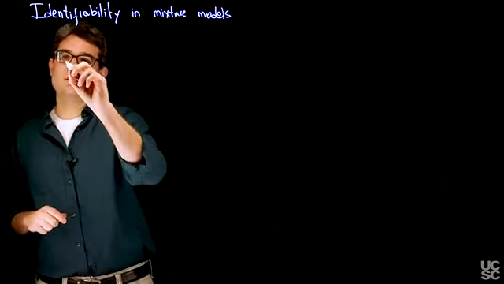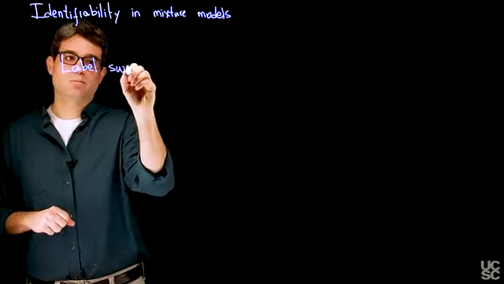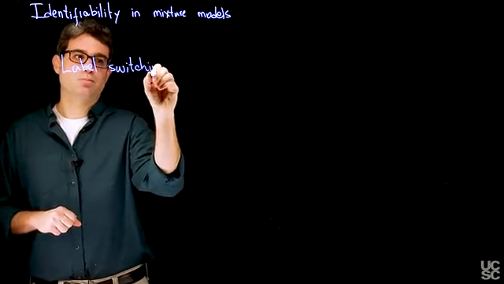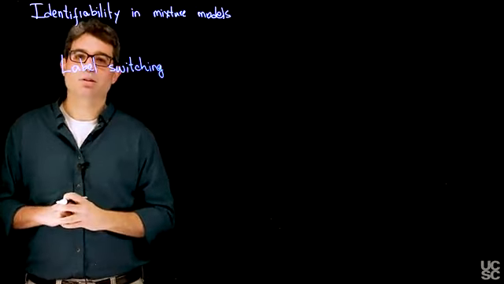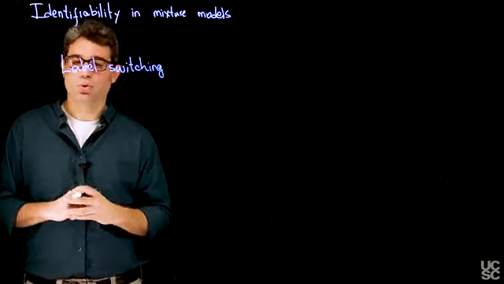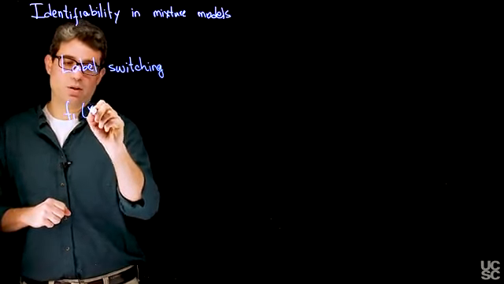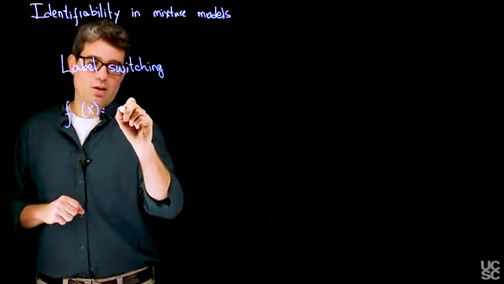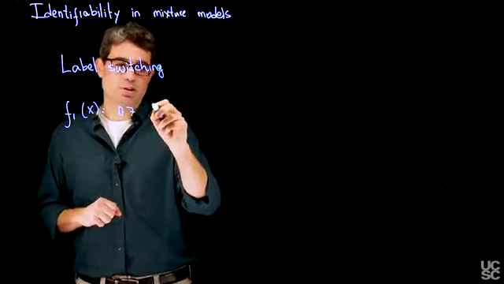One of them is what's sometimes called label switching. To illustrate label switching, let's look at a mixture of two normals. For example, call this f1 of x. Let's say that it's a mixture where the first component has 70% probability.